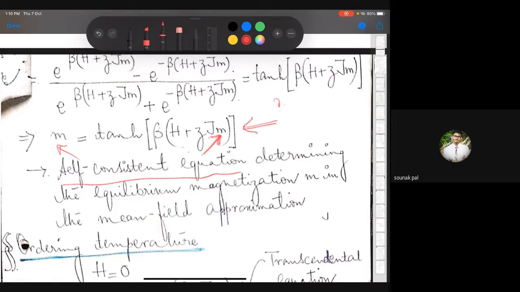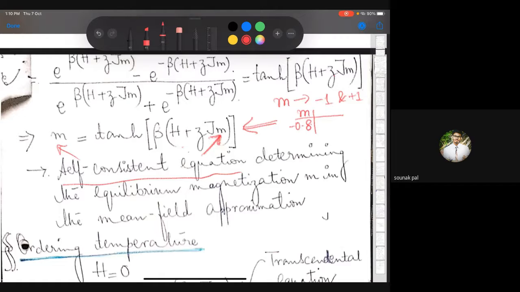I know that M being a magnetization can take a value only between -1 and +1. So what I do is that I assign a value. Let's say I say M is equal to -0.8.